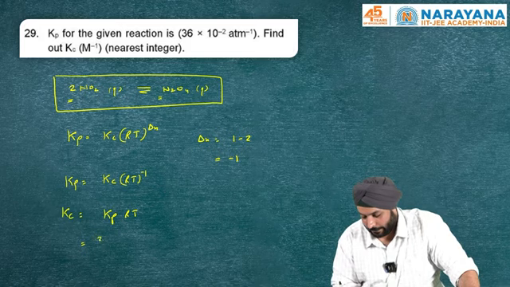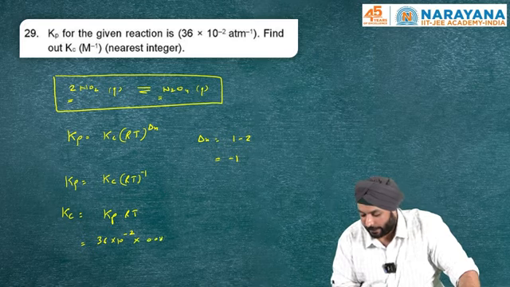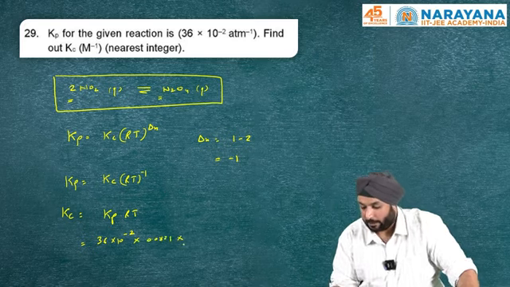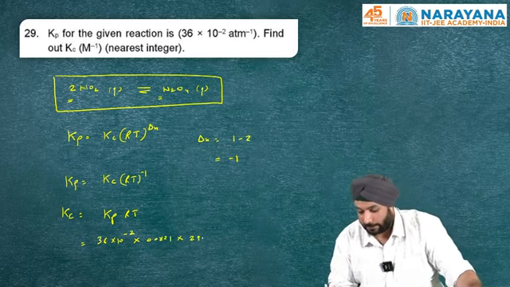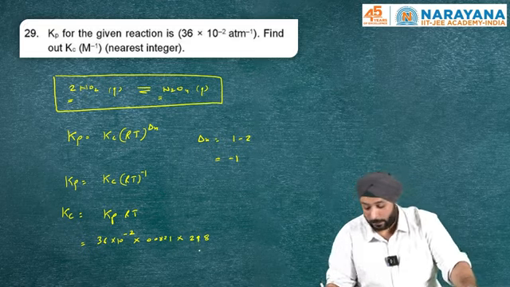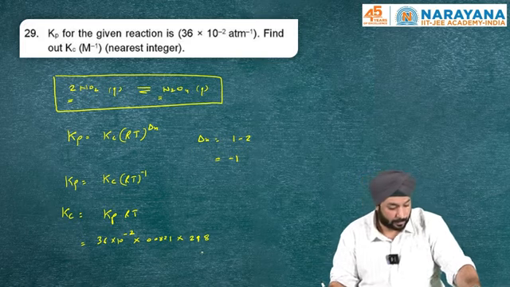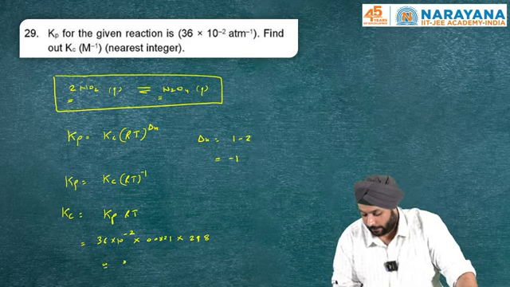Kp is 36 into 10 to the power minus 2 atm inverse, into 0.0821 into the temperature, which is 298 Kelvin. The temperature is not mentioned, so take standard temperature, 25 degrees Celsius, 298 Kelvin. The answer comes out to be approximately 9.